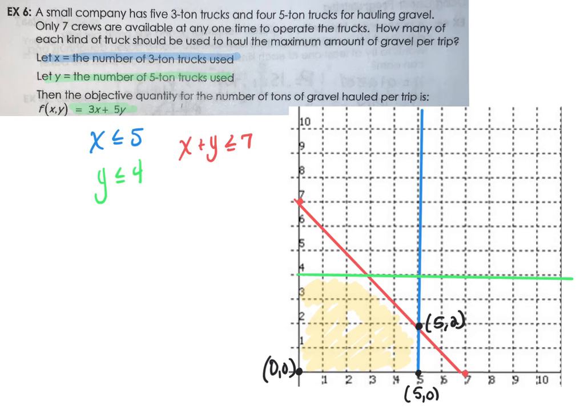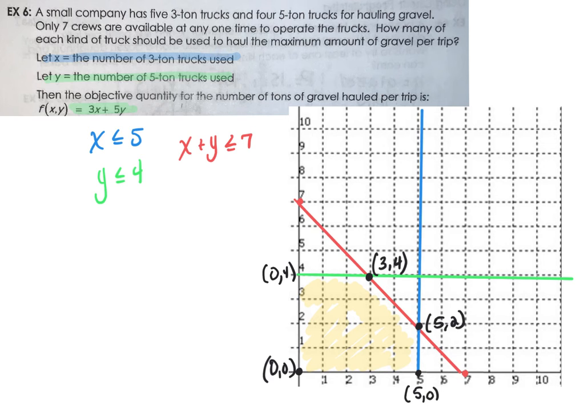We know that this is a y of 4. So if y is 4 for this red line, then x is 3. So that's 4, 3. And then we have 3, 4. Sorry, I wrote that backwards. Then we have 4 as my y-intercept. So that's easy as well. That's 0, 4. All right.